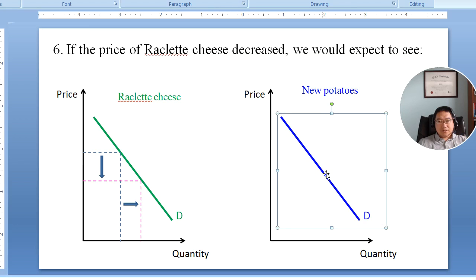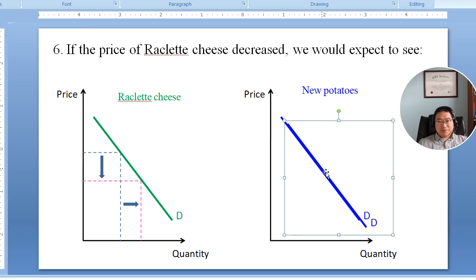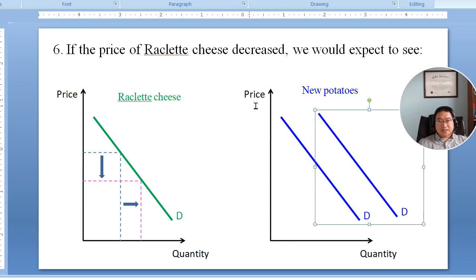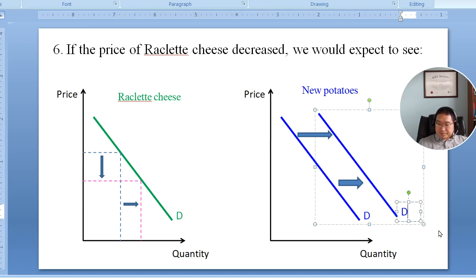Looks like that, and let me shift it for you. It goes to the right, and we can put these arrows here. That's a shift of the demand curve.